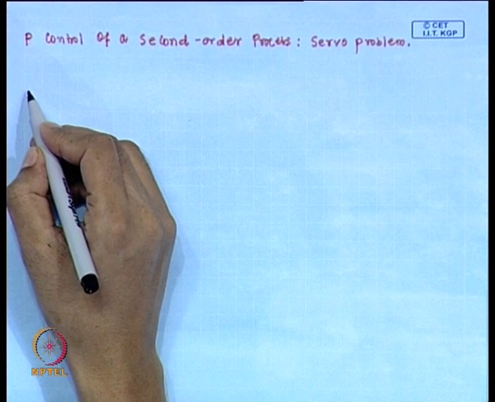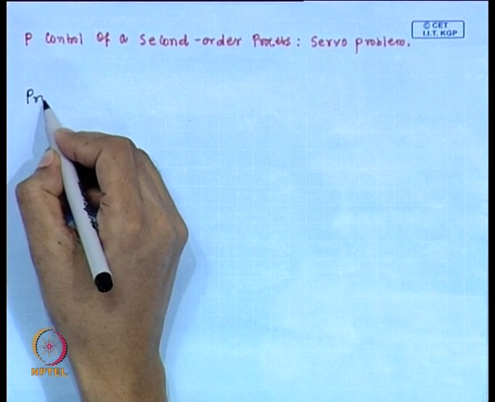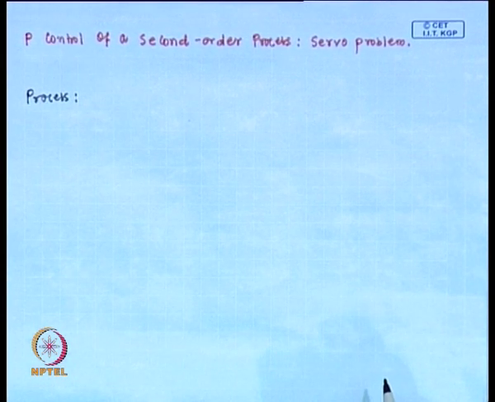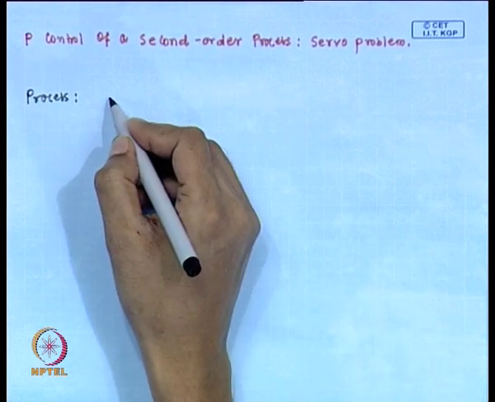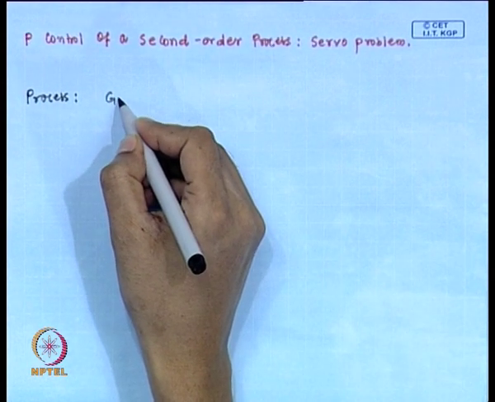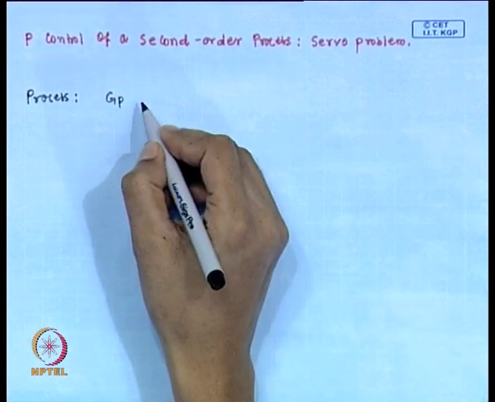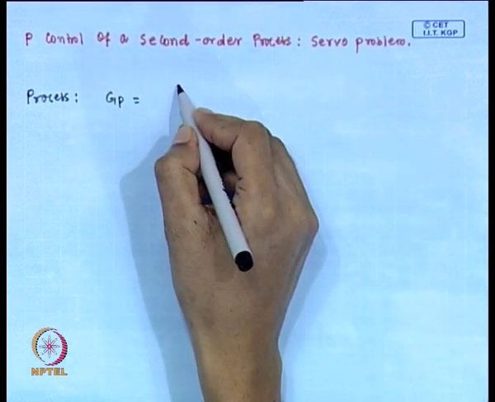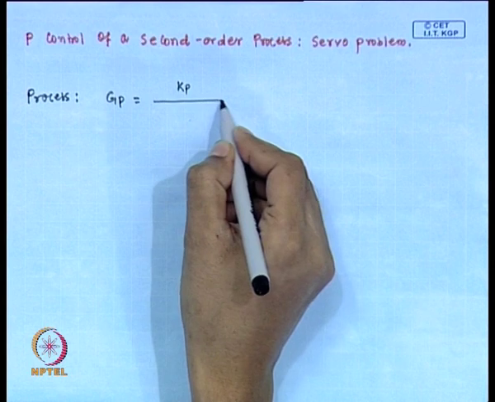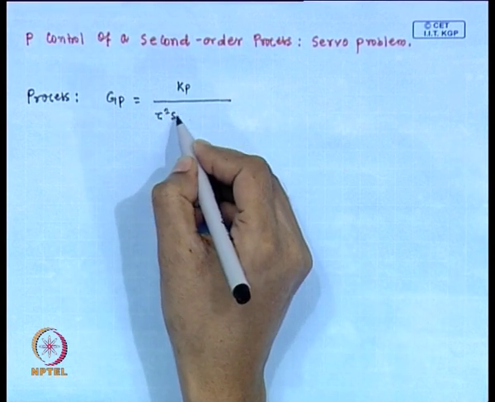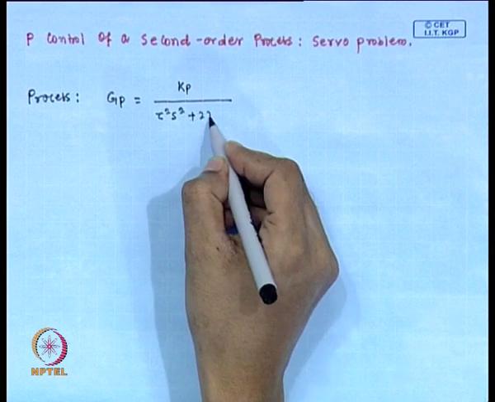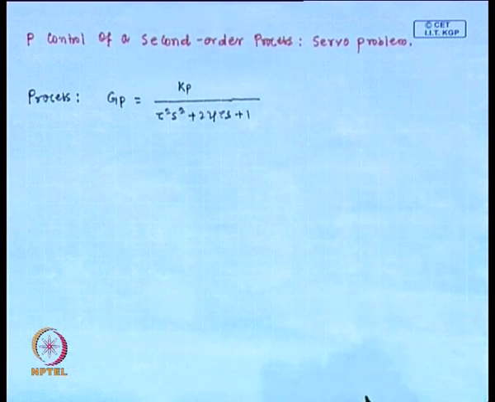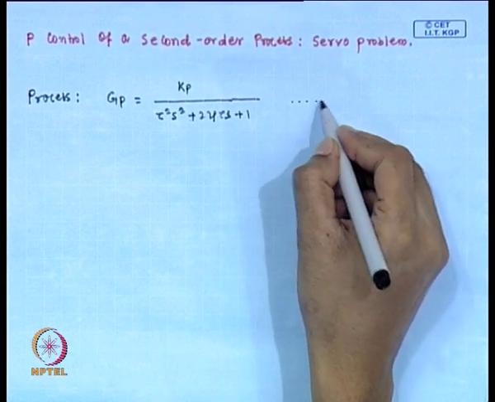So, what are the different elements of a closed loop process? First element is the process, that is basically the open loop process. The open loop process with second order system has the transfer function Gp equal to Kp divided by tau square s square plus 2 zeta tau s plus 1. This is the transfer function of a second order process.